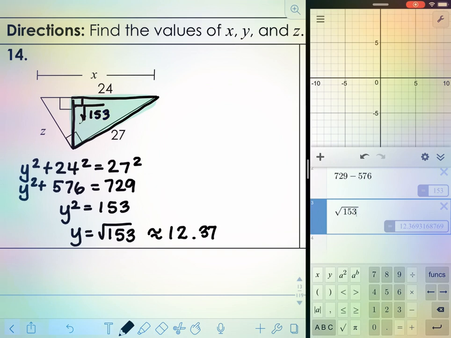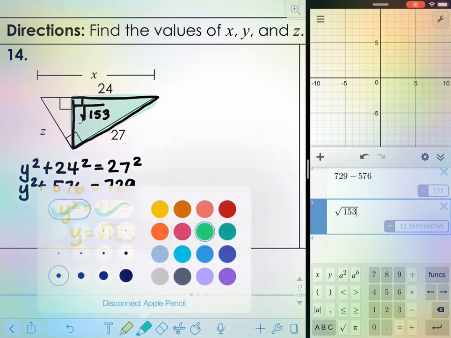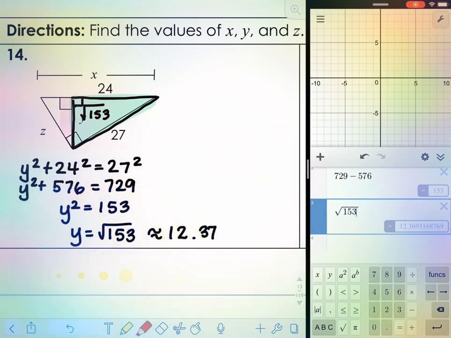And we're going to take a look at the small triangle versus the mid-sized triangle. We're going to do that so we can figure out what z is. On the small triangle, we know the hypotenuse. The hypotenuse is z. And we also know the long leg.